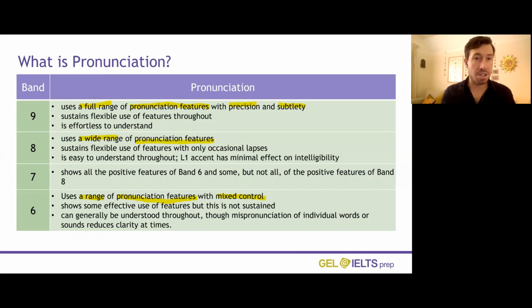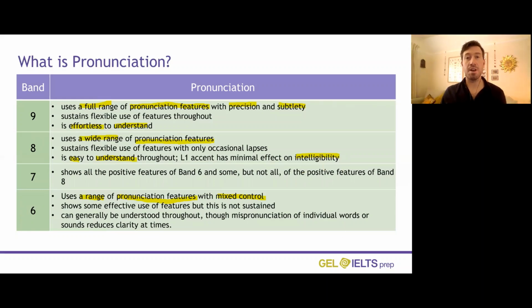Another thing that it talks about is how easy you are to understand. So it talks about understanding here. So easy to understand, effortless to understand is the difference here. So effortless, the person listening doesn't need to try. Whereas here, easy, maybe they need to try a little bit. And it talks about your L1 accent. So that's L1 is your first language or your mother tongue. Has a minimal effect on intelligibility.